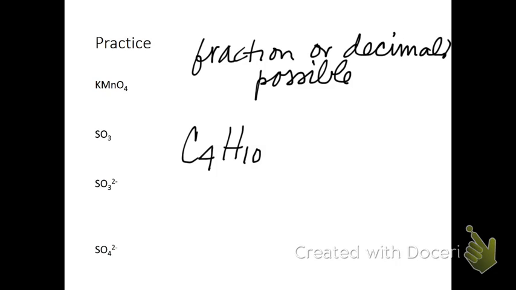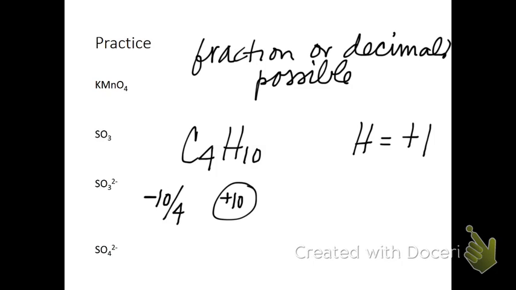and what does our rule say about hydrogen? So hydrogen we know is a +1. So we have a total of a +10, right? So what would carbon have to be? We for sure need carbon to be a -10 over here, but we have 4 of them. So this would be our oxidation state.